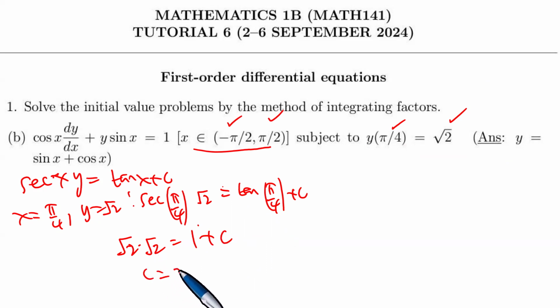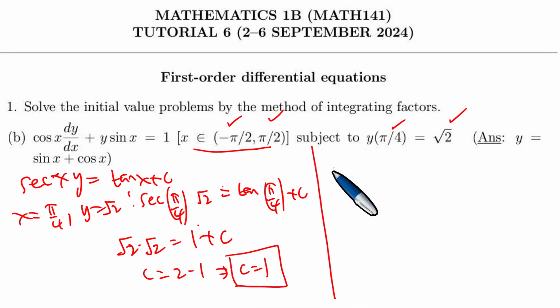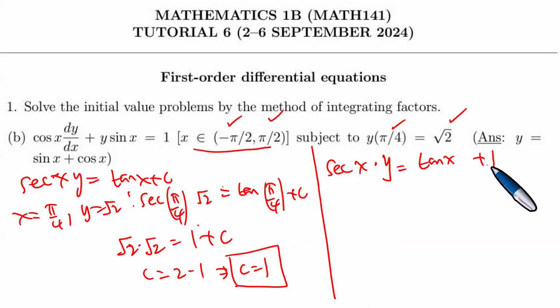C becomes the square root of 2 minus 1. So you have this.